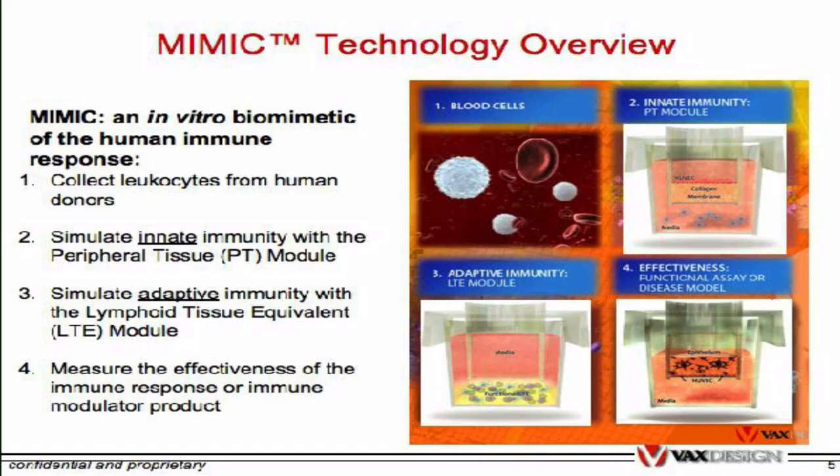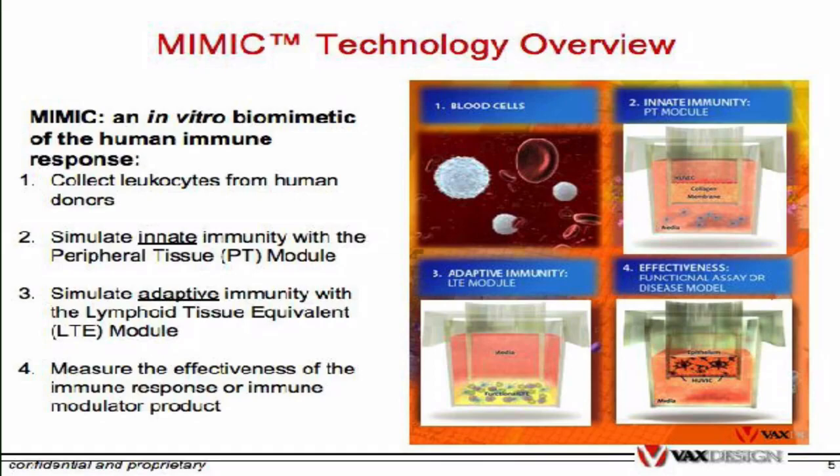And so we leukophorese these people, and we get about 10 to 12 billion white blood cells, which are the immune cells, circulating immune cells in the body, and that's our donor system. Our donor system is comprised of males and females of all ages and all ethnic backgrounds. So we can, in a sense, design a trial or a series of tests that encompass gender-specific requirements or age-specific requirements, if we need to.